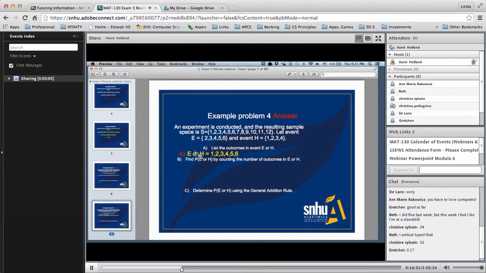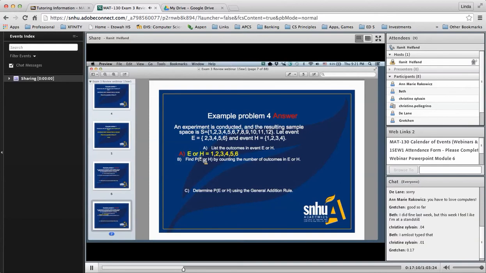So this E or H is essentially a new event, right? This should have brackets around it. Because any subset, any collection of outcomes, is an event. So instead of just giving it one letter, we're giving it the name E or H, okay?